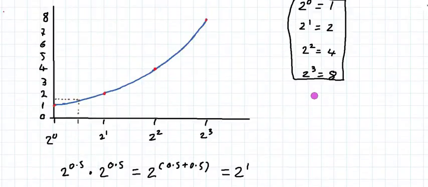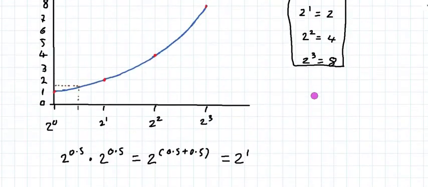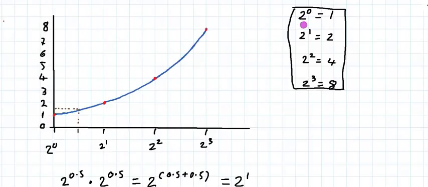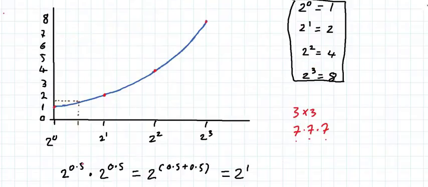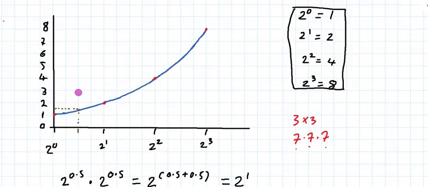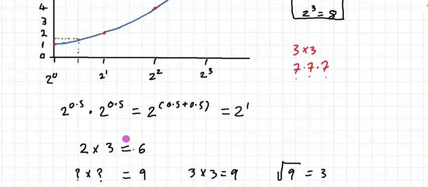So what we've done in this video is go from the idea of powers as being whole number multiplications, for example 3 multiplied by 3, or 7 times 7 times 7, where we have a whole number of numbers, to having fractional numbers, where we can have a number to the power of 7.185932 or e to the power of pi.